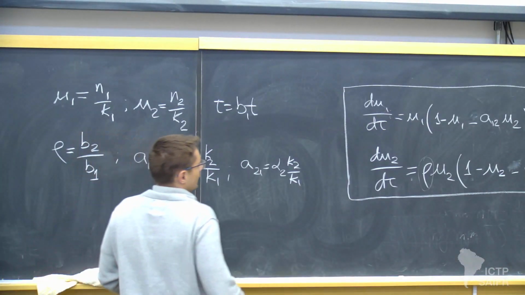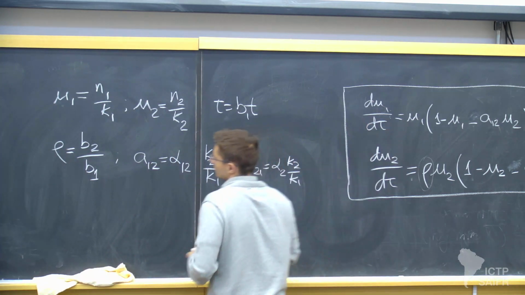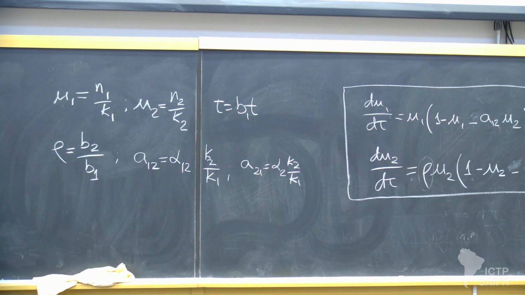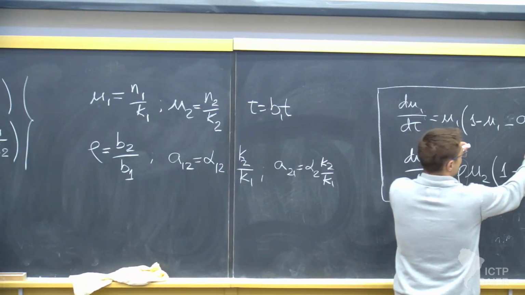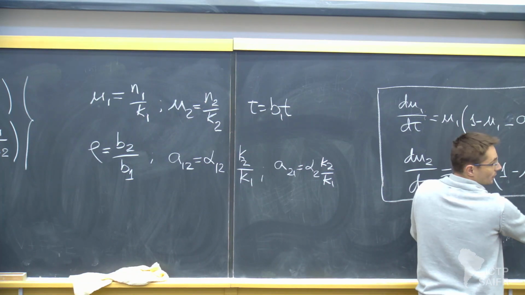So because we're interested again in the fixed points, we can plot in a U1, U2 space the curves in which each of the growth rates of each of the species are equal to 0.